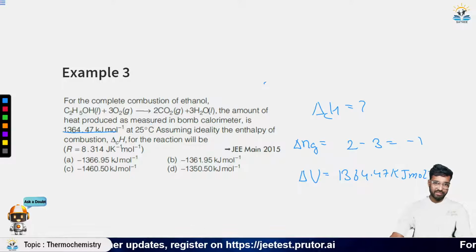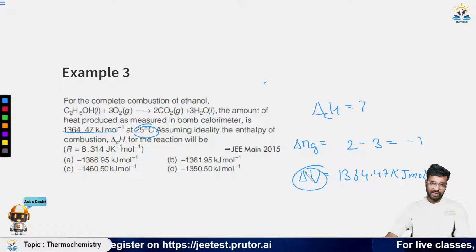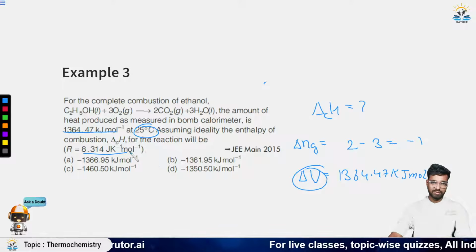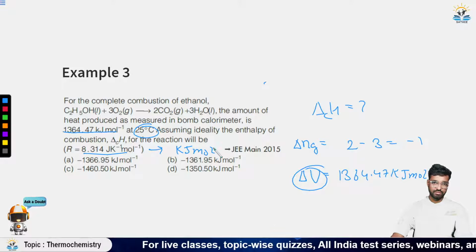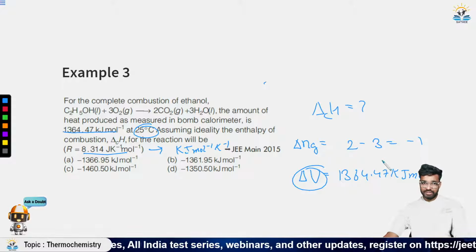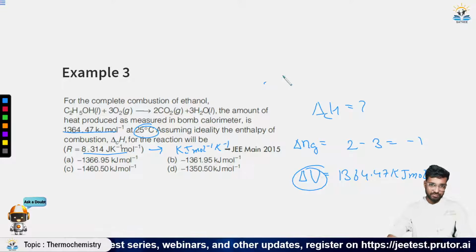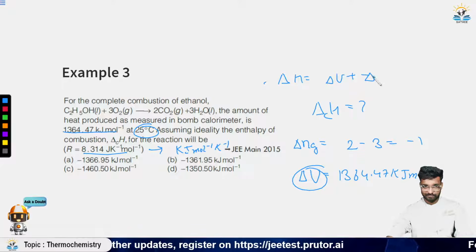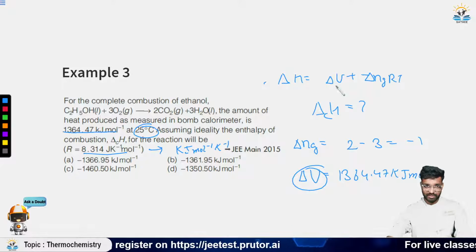Okay, so we do have the temperature here, we do have the delta U, we know the gas constant R, it is given here. So we'll convert this gas constant into kilojoule per mole per Kelvin first of all. We know the delta Ng, so you can use this formula and get your answer.